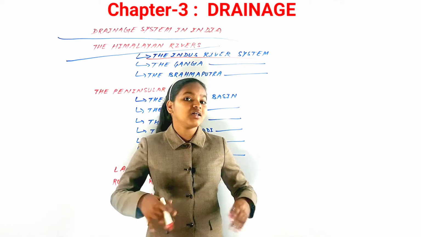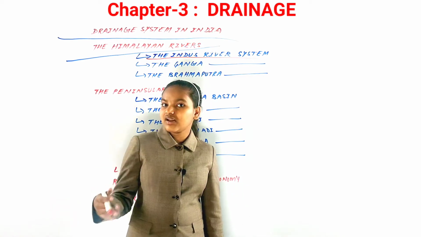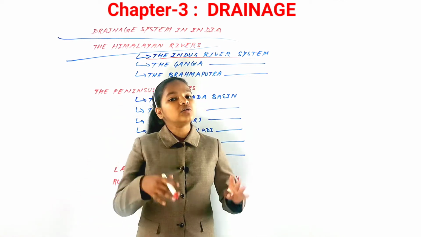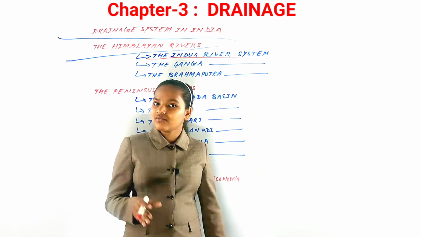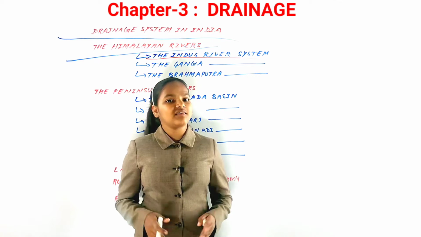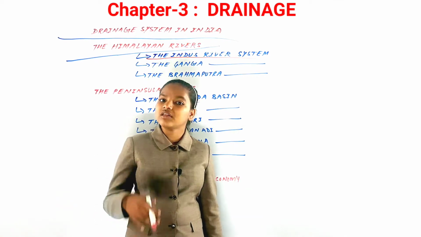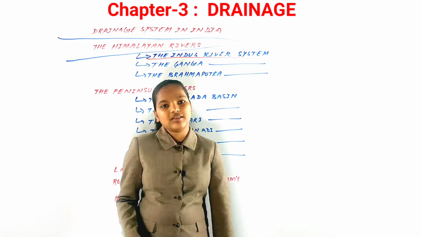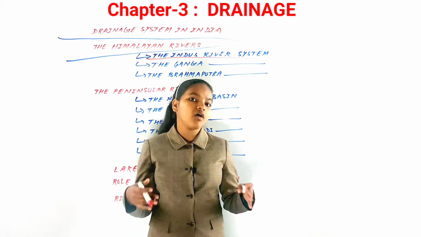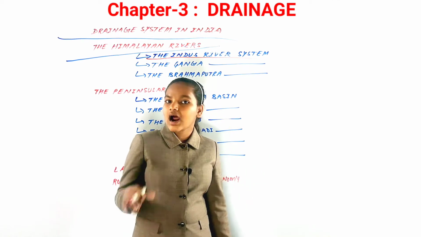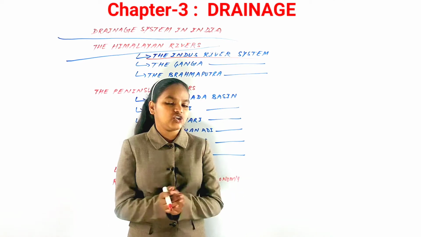According to its length, it is about 2,880 kilometers. In books it is given as 2,900, but the exact length is about 2,880 kilometers, which makes it one of the longest rivers of the world. Longest, not the largest, because its area is not that much, but its length is.